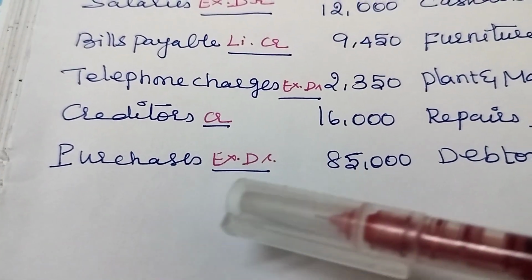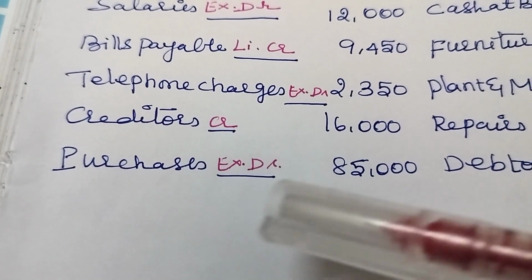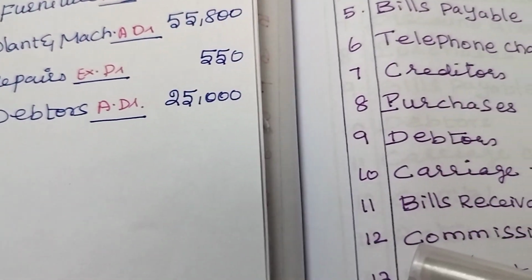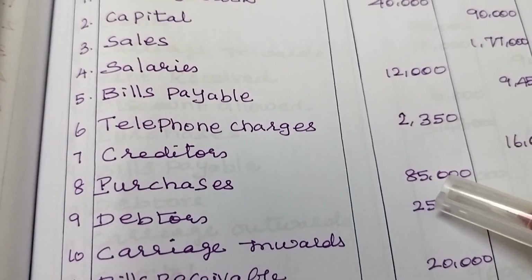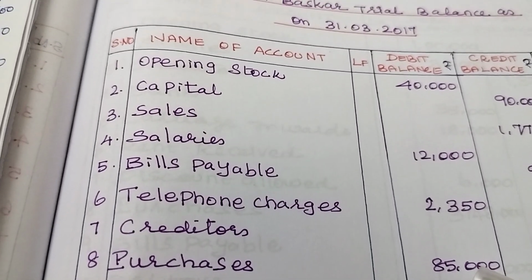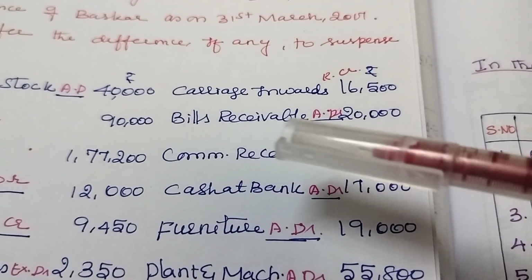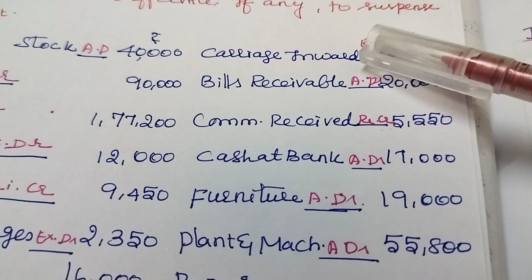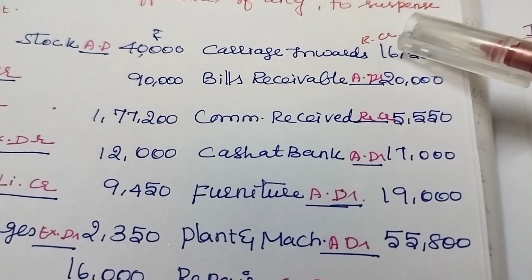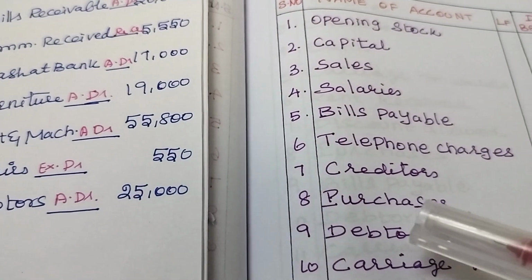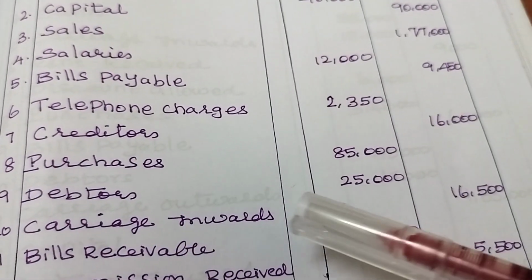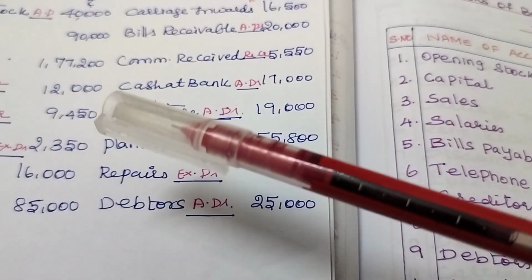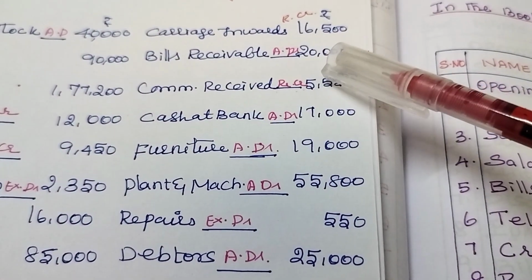Then purchases rupees 85,000. Purchases is an expense. All expenses are to be debited. So purchases rupees 85,000 is entered on debit balance. Then carriage inward 16,500. Carriage inward is treated as revenue. Whenever revenue increases, we credit the revenue account. So carriage inward rupees 16,500 is entered on credit balance. Then bills receivable 20,000.